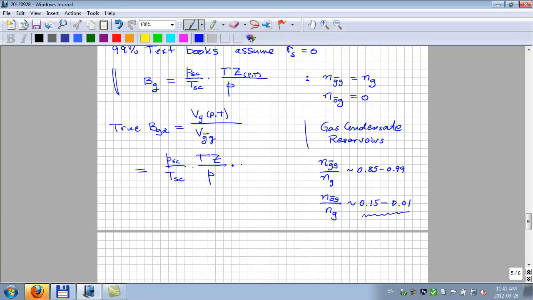Times 1 minus this. I have to be a little careful doing it in my head. You see, you're going to end up with less than what you have. So this number is going to be bigger. So we need this to be like this.